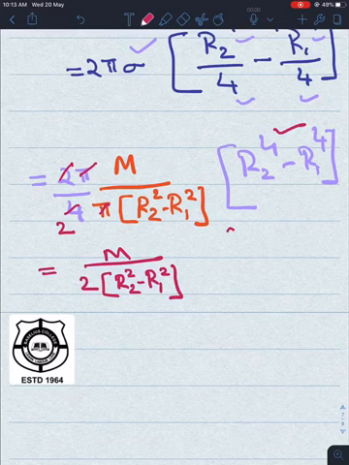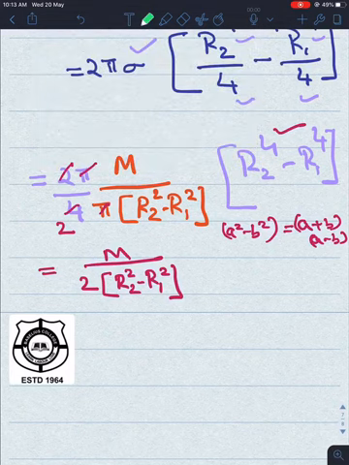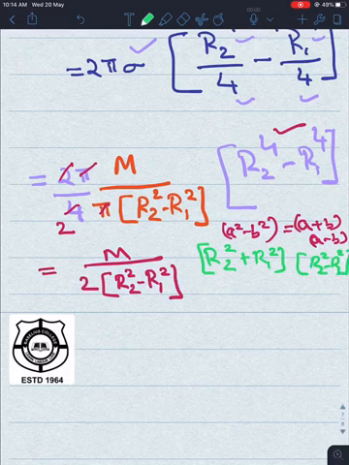be written in the form a square minus b square is equal to a plus b into a minus b. So I can put it as r2 square plus r1 square into r2 square minus r1 square.